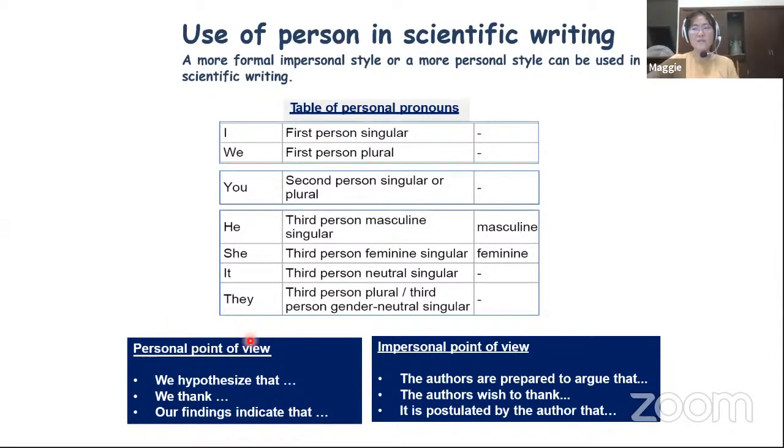This uses the first person angle for the writing, right? And then the impersonal point of view: the authors are prepared to recommend that, the authors wish to find that, it is postulated by the author that. So either way is fine, but just use only one way in the writing. Otherwise, you will confuse your reader.